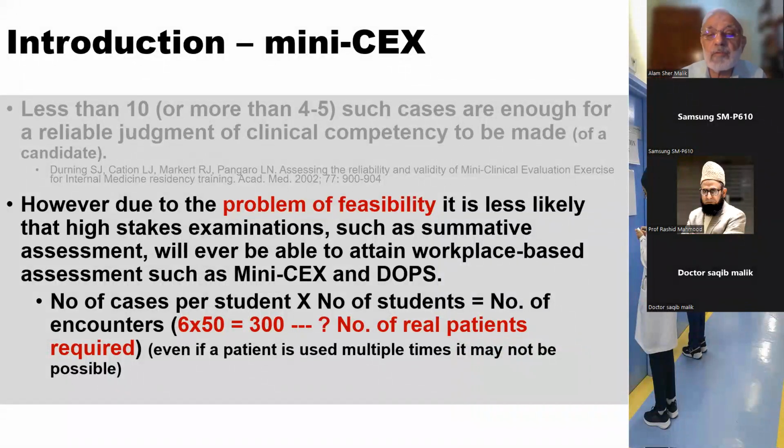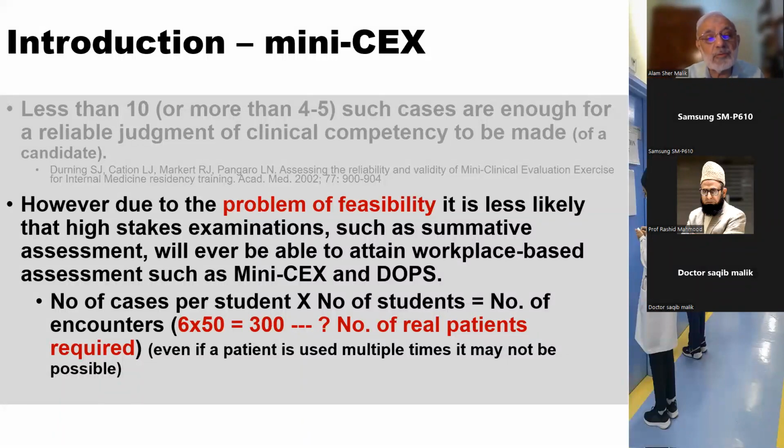Due to the problem of feasibility, it is less likely that high-stakes examination, such as summative assessment, will ever be able to attain workplace-based assessment, such as mini-CX or DOPS, or directly observed practical skills.